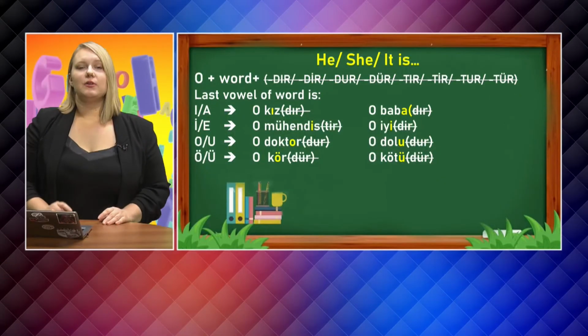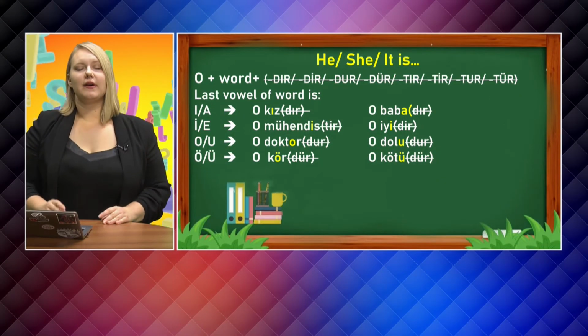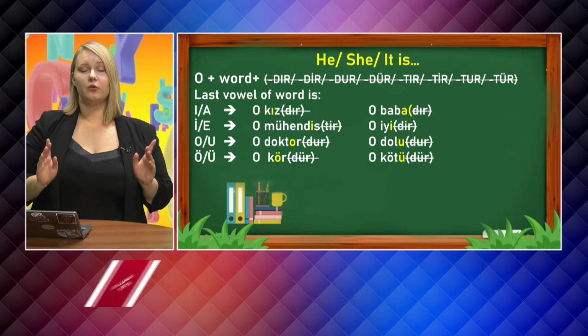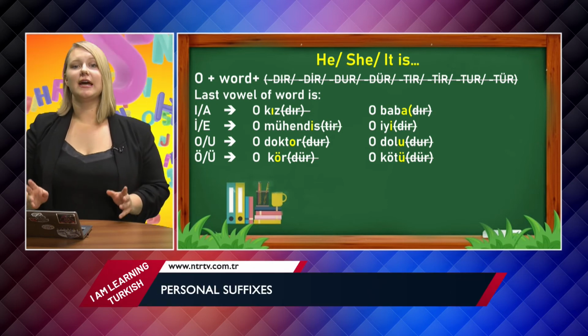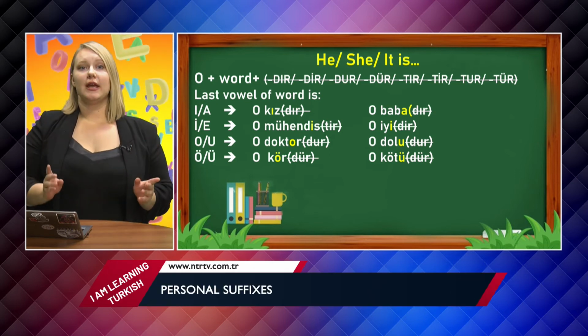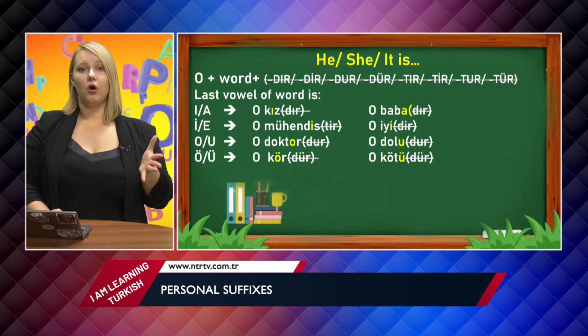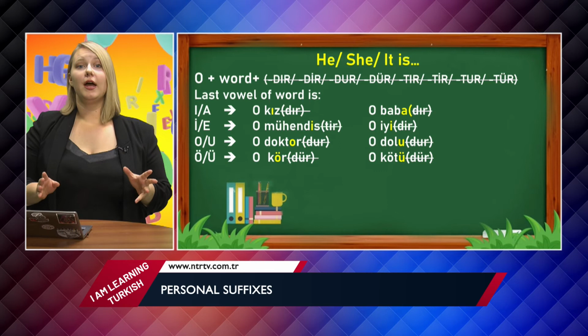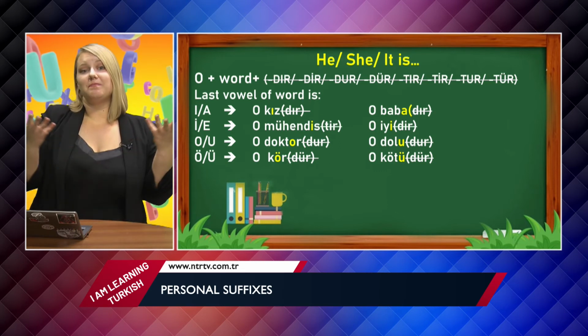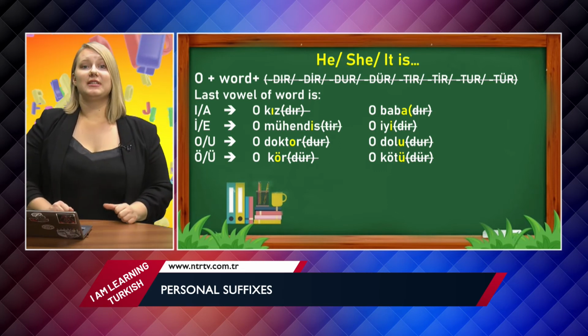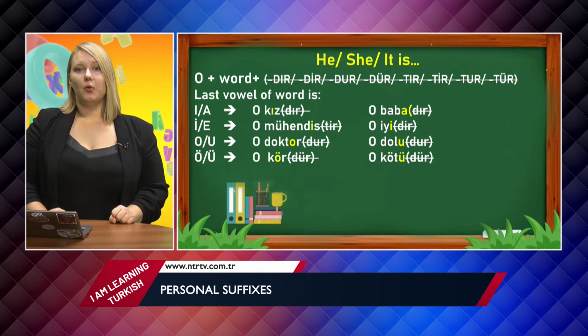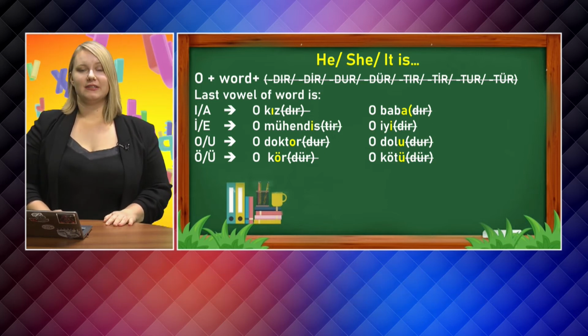But just in case you see them, understand that those are just normal, regular he, she, it sentences. So to say, for example, he is ill, we are just taking o, we are taking a word, and that's basically all. So to say she is a girl, we are just saying o kız.